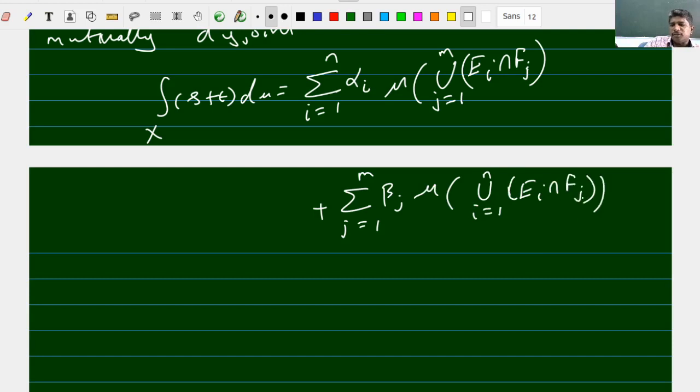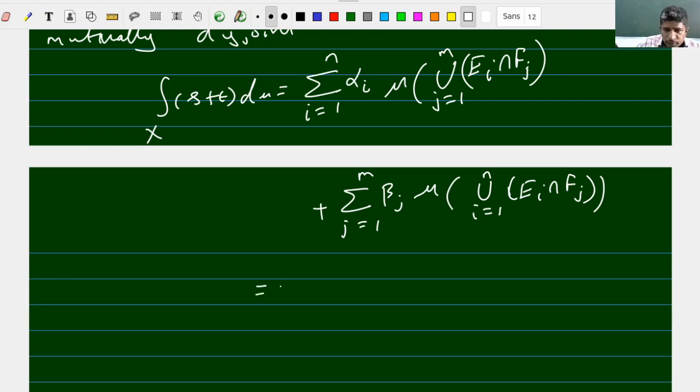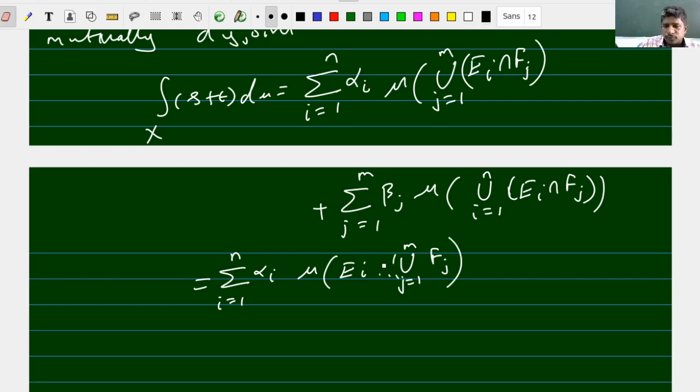So for a fixed F_j, E_1 to E_n intersection F_j are mutually disjoint. So by the distributive law we write summation i from 1 to n alpha_i mu of E_i intersection union j from 1 to m F_j, plus summation j from 1 to m beta_j mu of union i from 1 to n E_i intersection F_j.